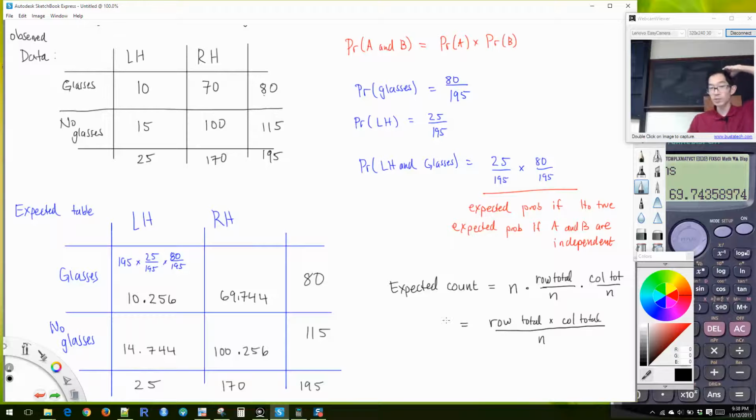Okay, and you can use this to calculate each square, or you can just calculate it for one, and then knowing that the rows and the columns have to add up, just figure them out that way, okay?